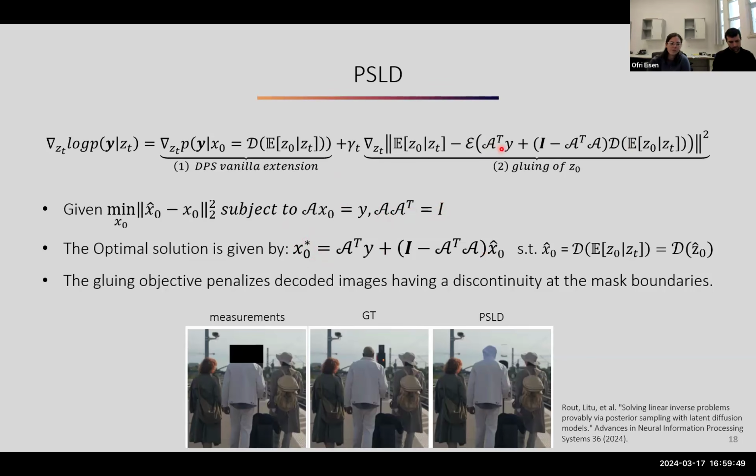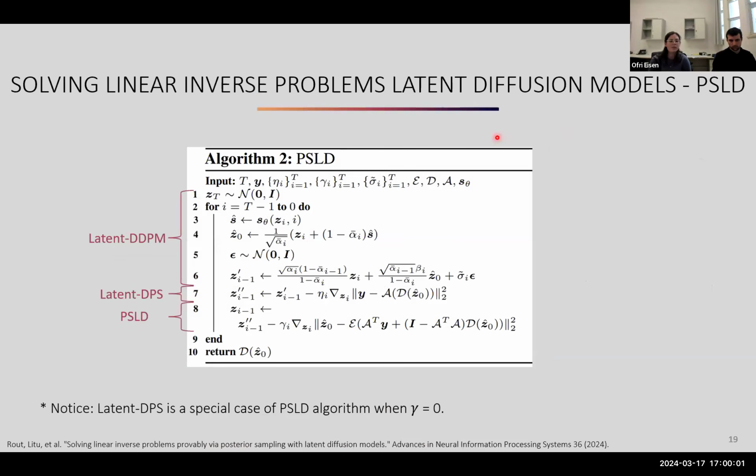This gluing objective penalizes decoded images that have discontinuity at the boundaries of the mask, as you can see from this term here and this term here. This is the full PSLD algorithm that uses latent DDPM and the latent DPS term and adds the additional PSLD term.